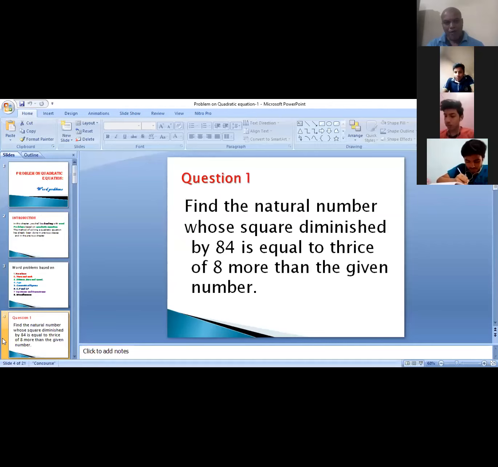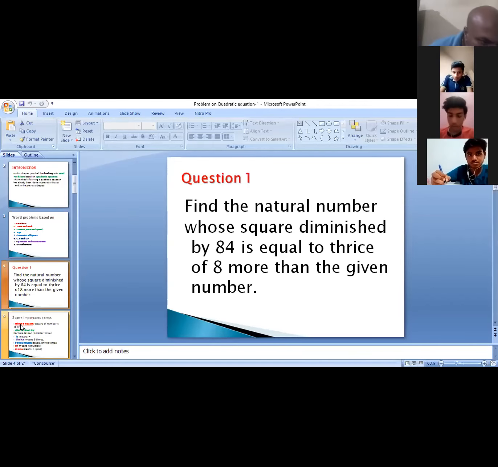Write down: find the natural number whose square diminished by 84 is equal to thrice of 8 more than the given number. Copied? Yes, complete.